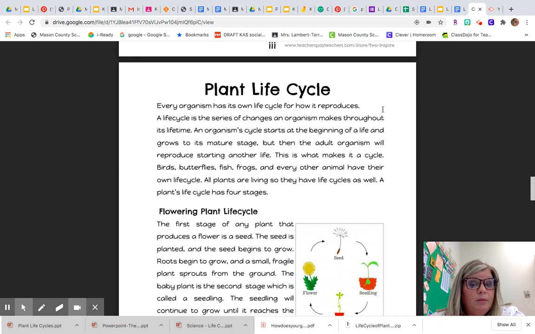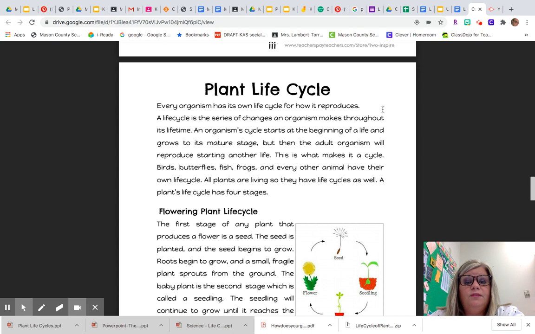If you're thinking about plants, that's when they have a baby. If you're thinking about animals, that's where they would have another baby. But since we're talking about plant life, basically a baby in a plant is the seed. They have to have the seed in order to produce another life, so another plant. This is what makes it a cycle.